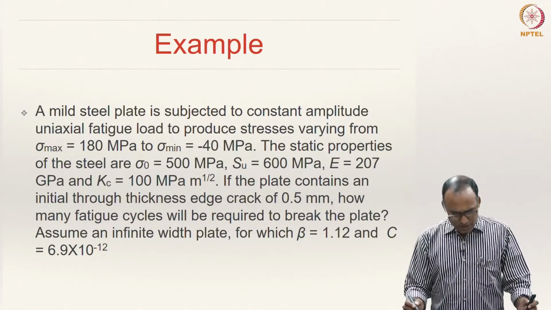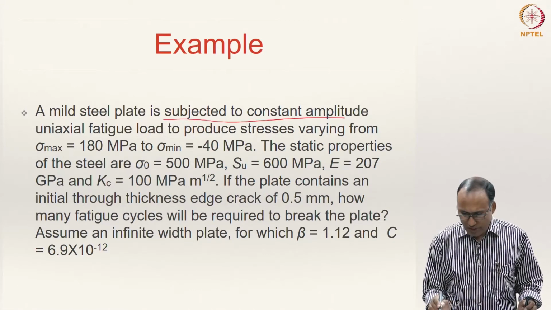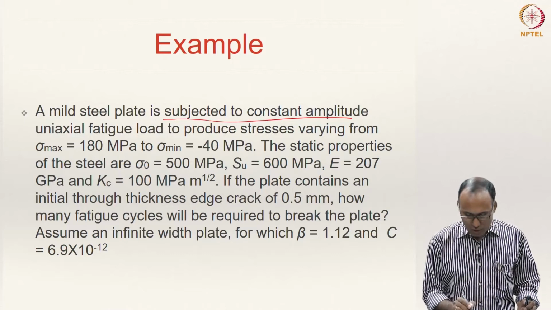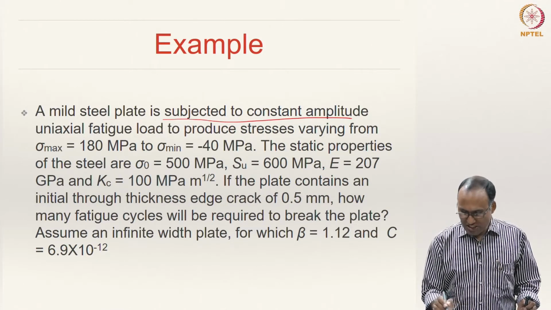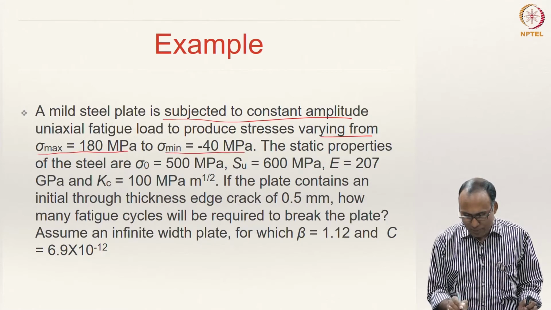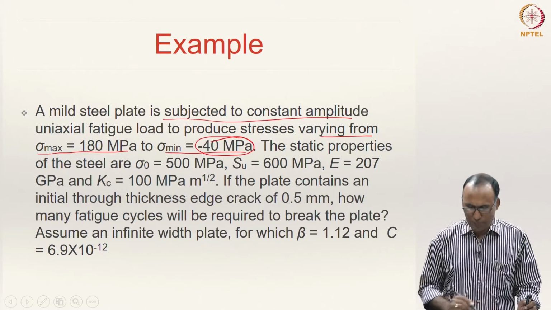So, this is a simple example problem wherein you have a mild steel plate which is subjected to constant amplitude, the amplitude is not changing, uniaxial fatigue load to produce stresses varying from sigma max equal to 180 MPa, sigma min equal to minus 40 MPa. Please pay attention here, negative 40 MPa.